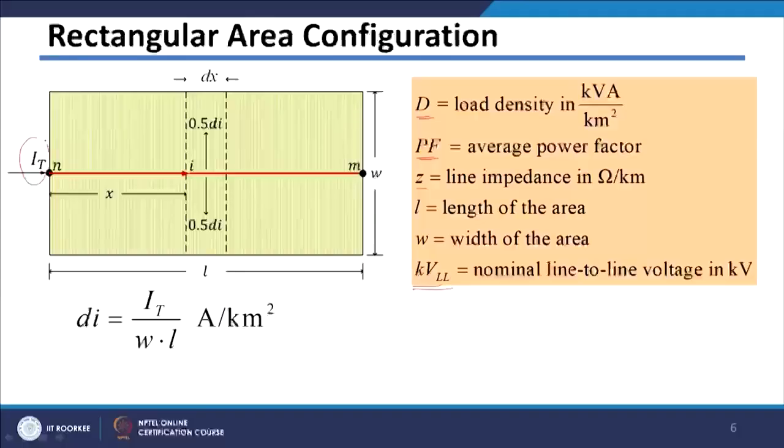Now, as we assume, the total current which is entering this area is IT. So, DI, the current density in the load, will be IT divided by area. So, the area of this rectangular area is given by W multiplied by L. So, this DI will be in ampere per kilometer square, which is the current density of this area.